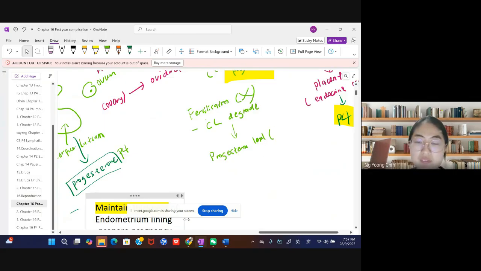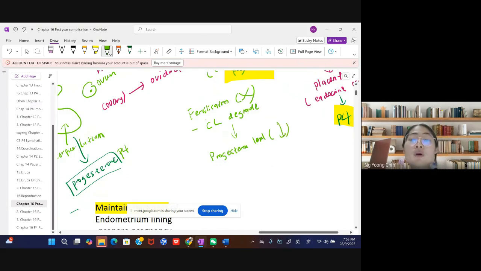There's no more corpus luteum, so will the progesterone level still increase, maintain, or decrease? Choose one answer. Decrease. Yes, it will decrease.